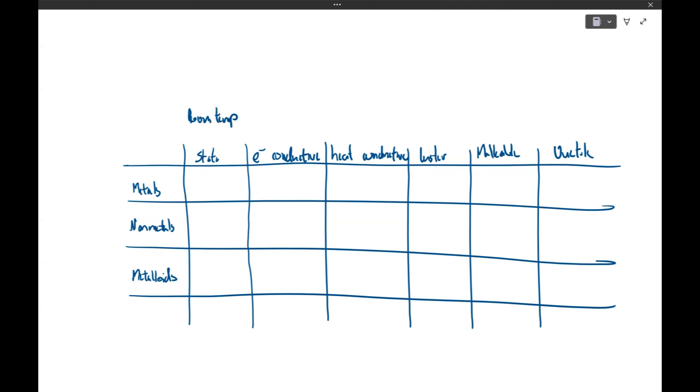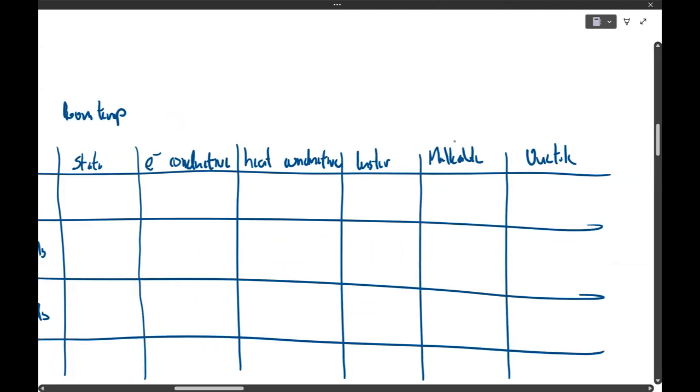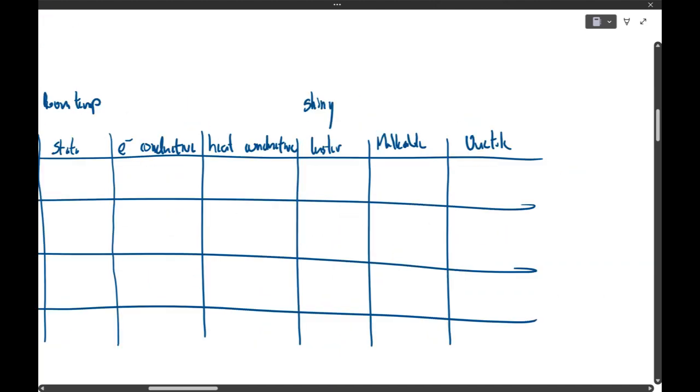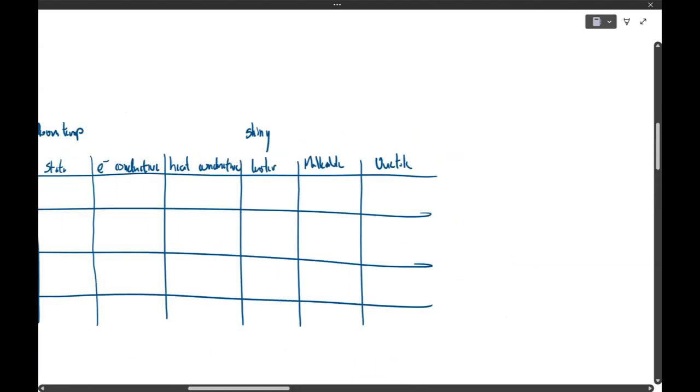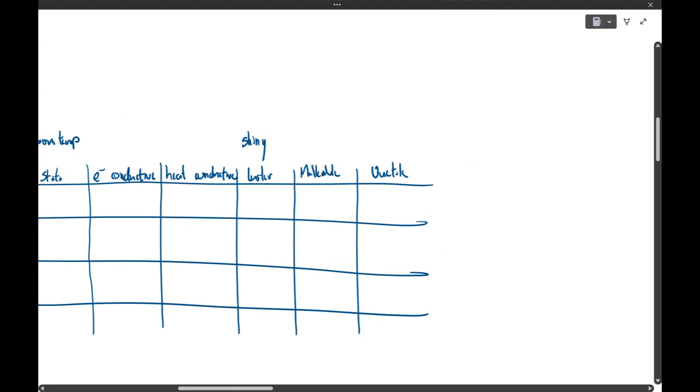We have their electrical conductivity, so how well they can transfer electricity. Heat conductivity, so how well they transfer heat. Luster, which is just shininess. Malleable, which means how much you can shape the material without breaking it. And ductile means if you can turn it into a wire.